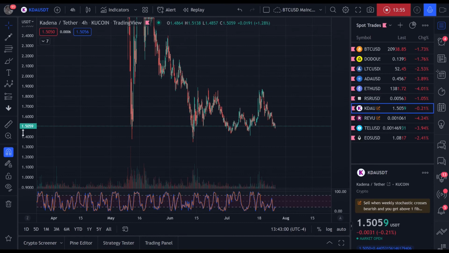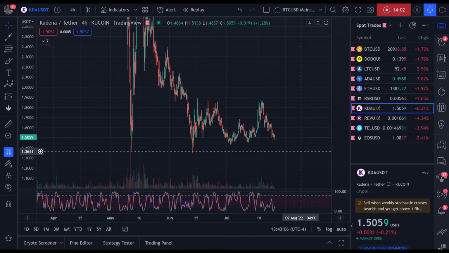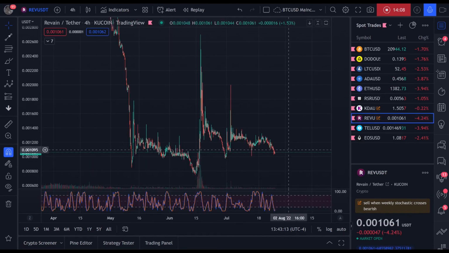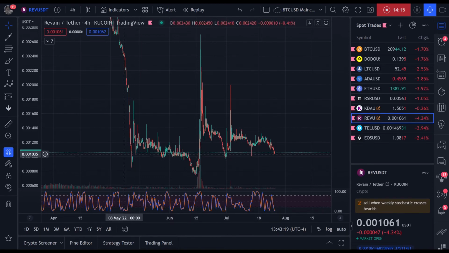It's not in a wave 2, so it's not holding that 618, but it's at this very important support level that it's been holding ever since the beginning of May. Okay, Ravane is still holding that same support level right here, just like I said yesterday. It's been doing that since May.